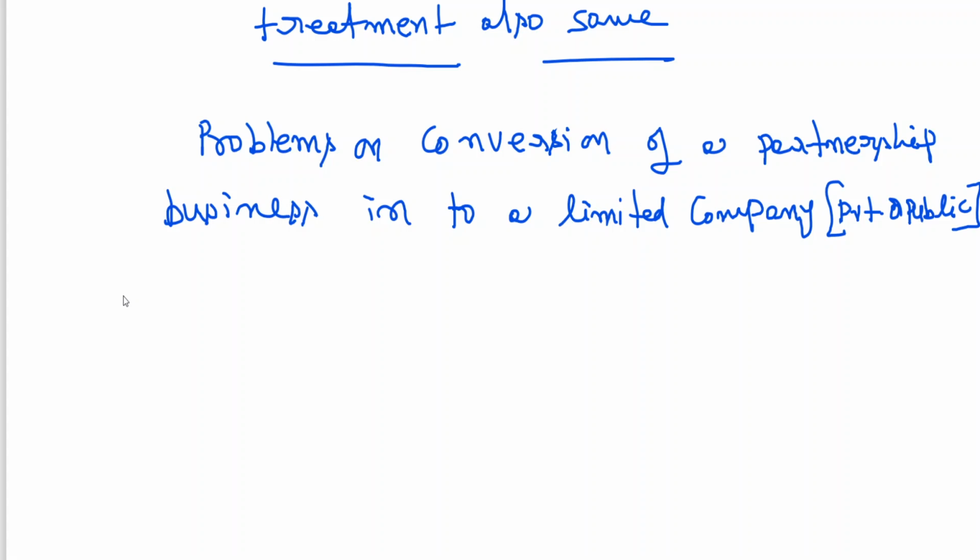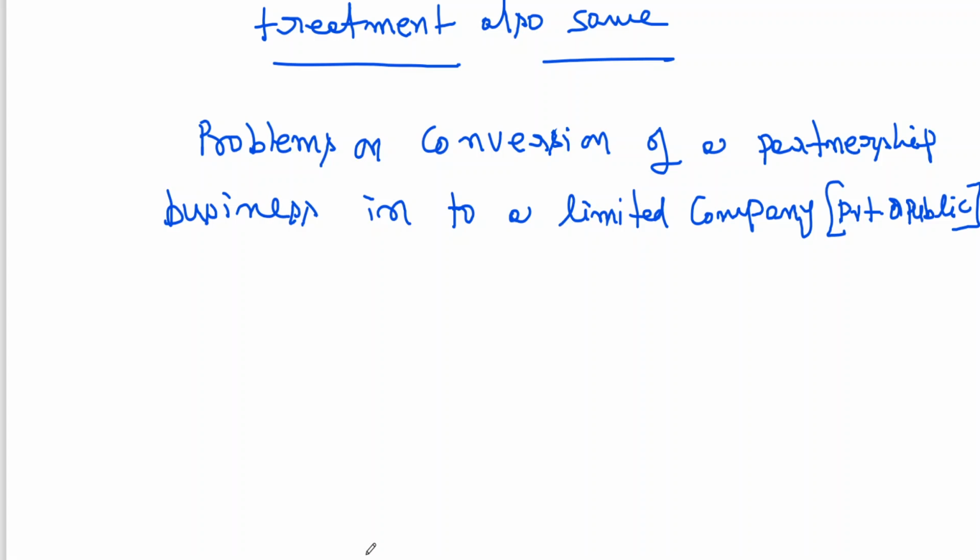Then the second thing is that you need additional equity when the firm is going for expansion. You need additional capital to succeed in the business, because there is a good chance for expansion of business, but you are having some constraints.